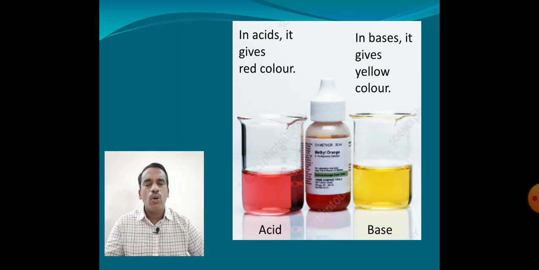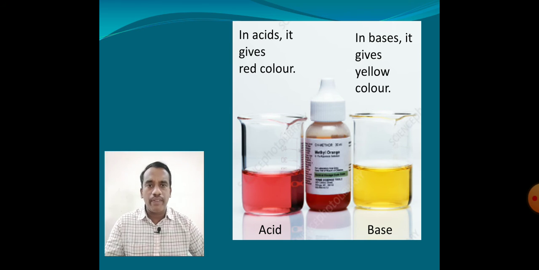Whenever we place a drop of methyl orange in a solution and it turns yellow, we confirm it is a basic substance. So other than blue litmus paper and red litmus paper, we are using methyl orange as the next indicator, which turns red in the acidic medium and yellow in the basic medium.